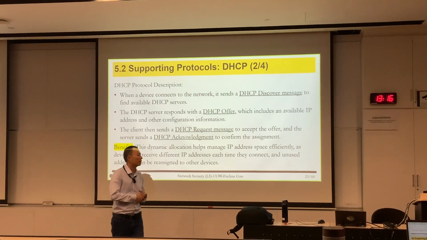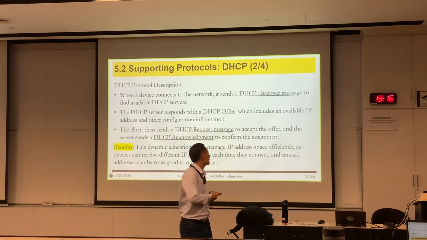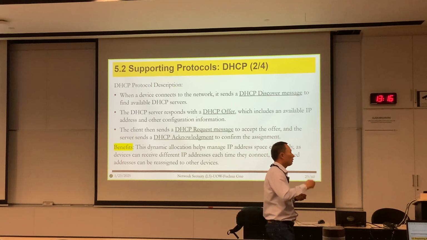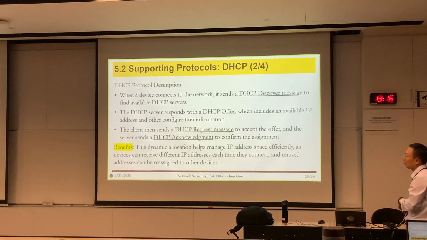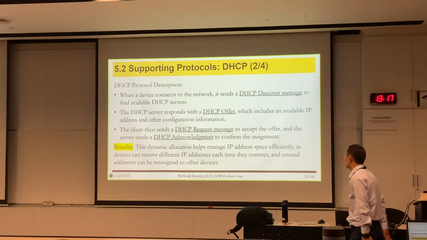That's why it's called dynamic: for the same device, when you try to connect to a gateway, your assigned IP address could be different, or could be the same, but mostly it should be different.